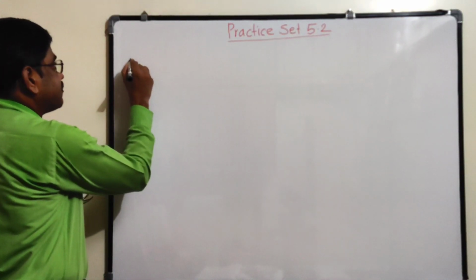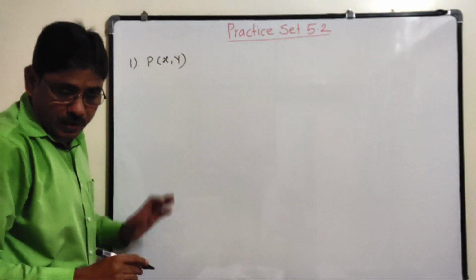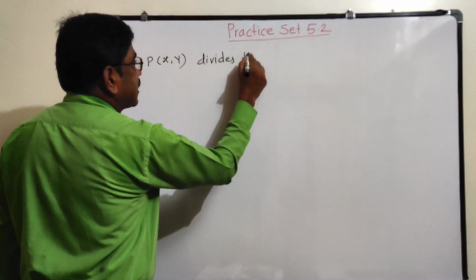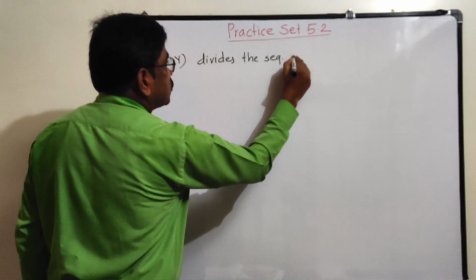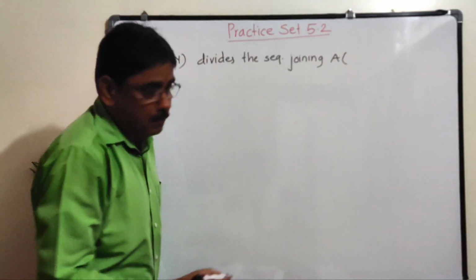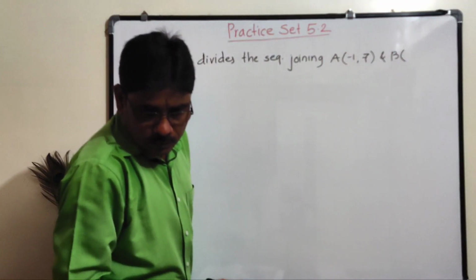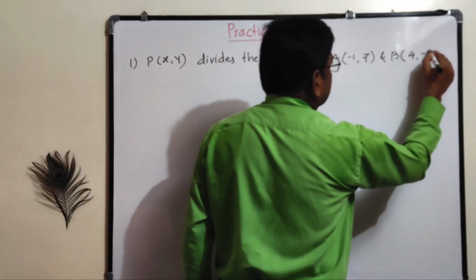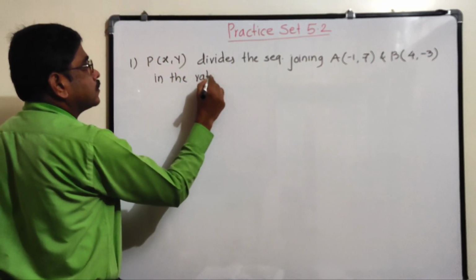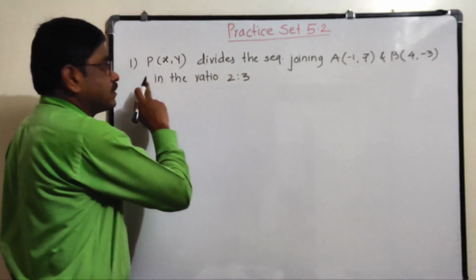Here in the first sum, let the coordinates be P (x, y). P (x, y) divides the segment joining A (-1, 7) and B (4, -3) in the ratio 2:3.